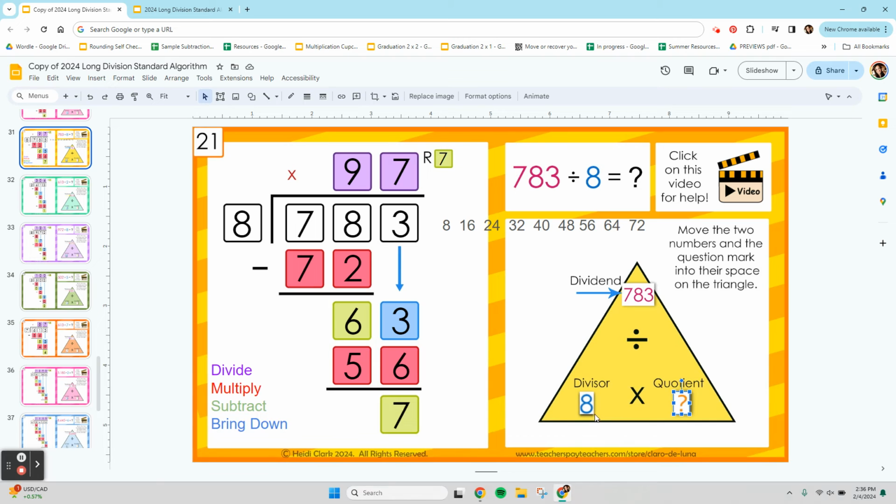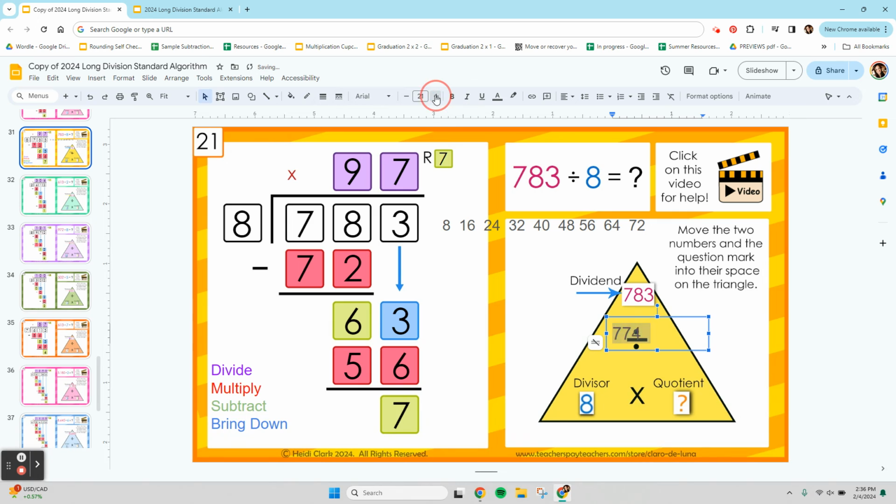And to check that, what you would do is you would do 8 times 97, and you wouldn't get to 783. You would get to 776.